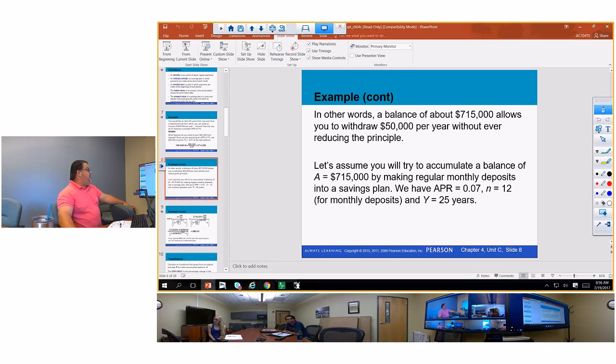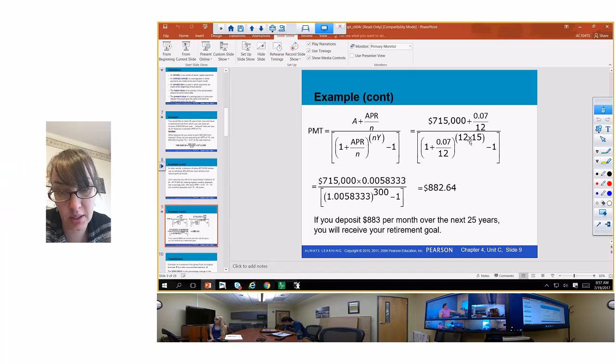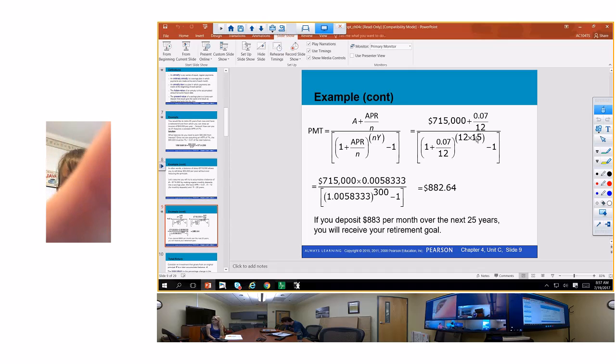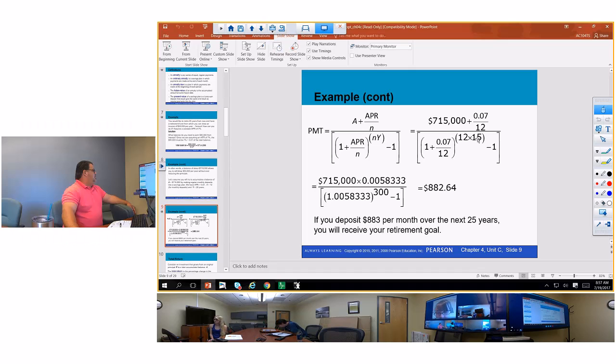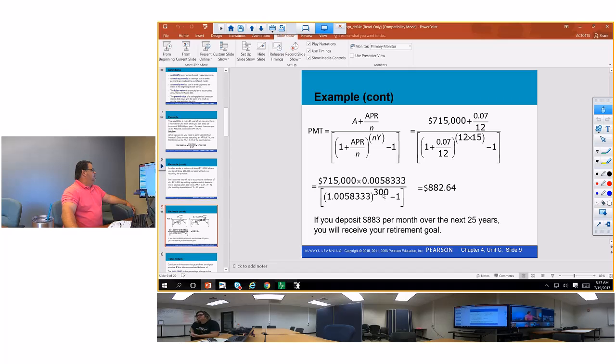Okay, why do they have t is equal to 25 years right here, and then they plug in 15? Well, that's got to be 25 years is what they're calculating it out to. Yeah, but I think they've got an error right here. It's 300 on the second part. Yeah. Ain't that what I got? Yeah. 12 times 15.